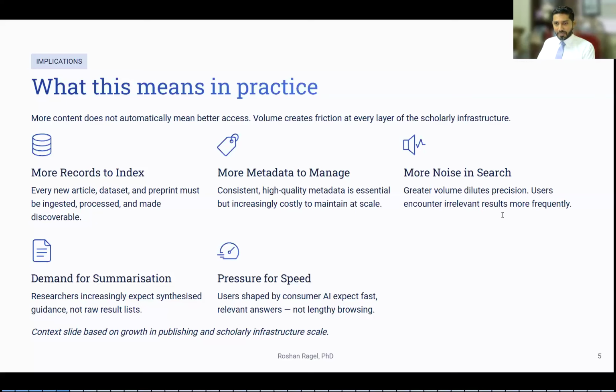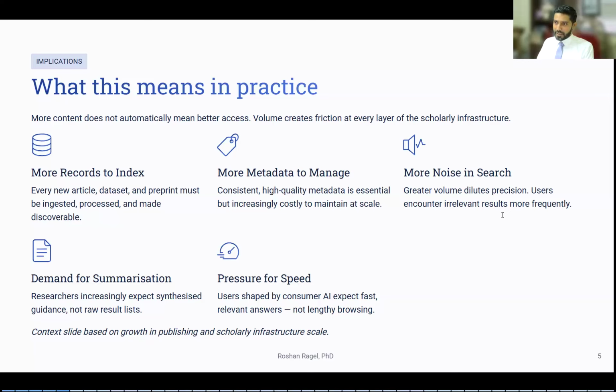What it means is there are more records to index if you take a library. And obviously, we manage a lot of metadata, so there's more and more metadata coming in. But at the same time, the more the data, the more documents and information, there's going to be a lot of noise, meaning there's going to be a large volume of data, but the user who can consume is still the same.